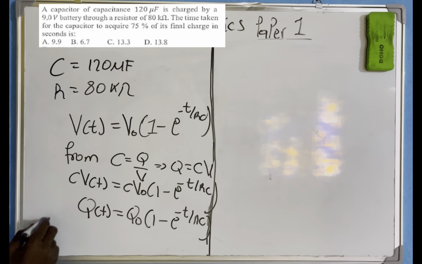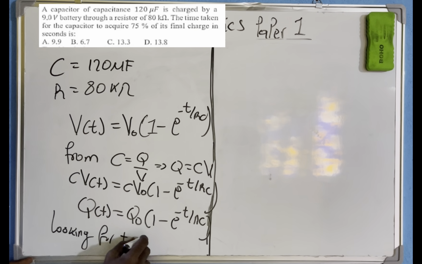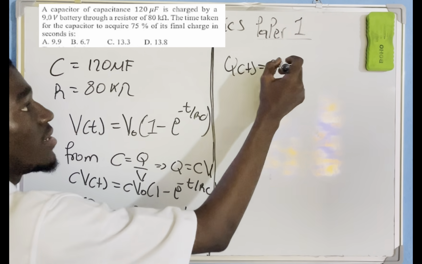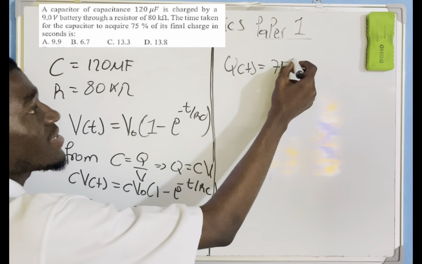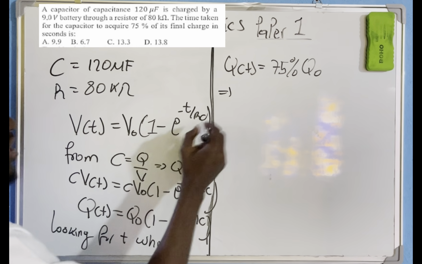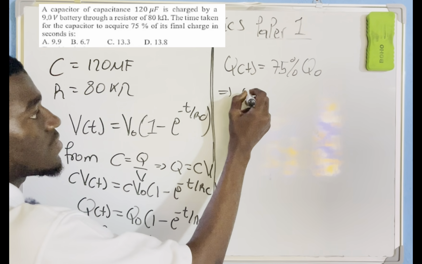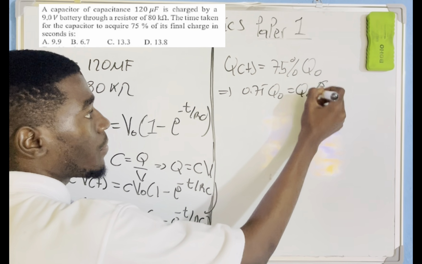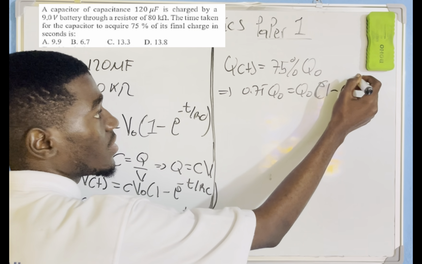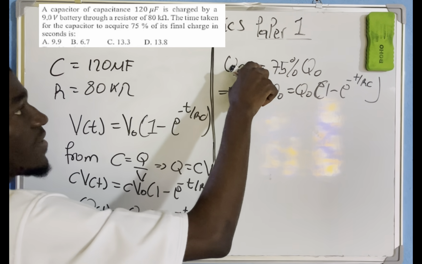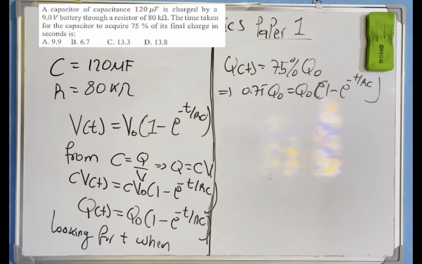Now, what am I looking for? I'm looking for t when the charge across the capacitor acquires 75% of the initial charge. So this implies 75%, that is 0.75 Q0, should be equal to Q0 times 1 minus exponential of negative t on RC. So I'm looking for that t when this value takes 75% of Q0.